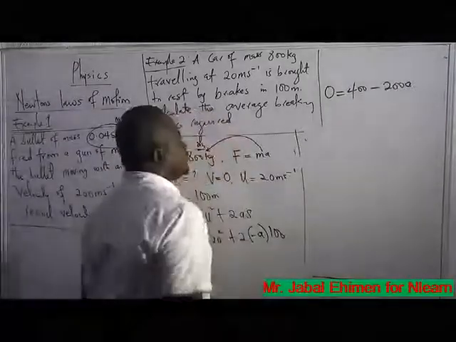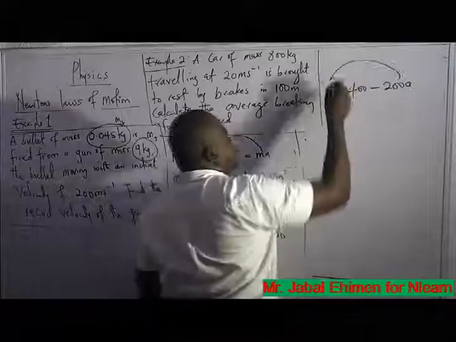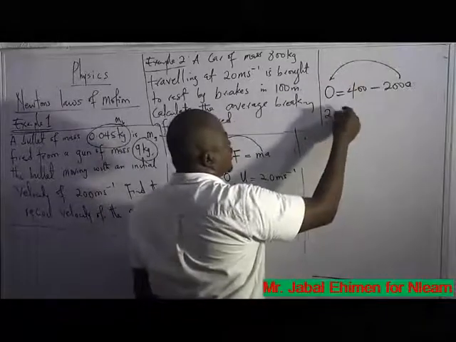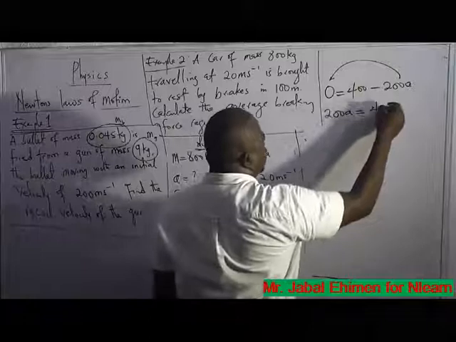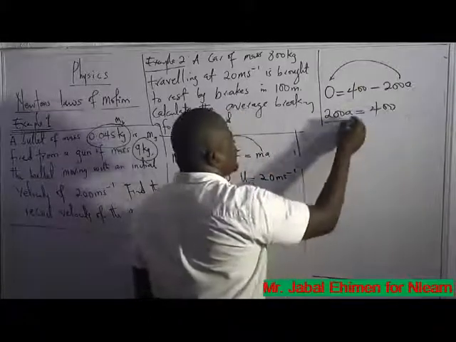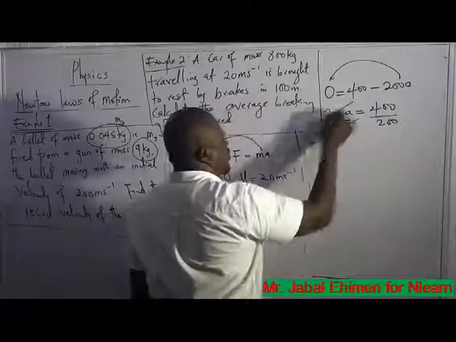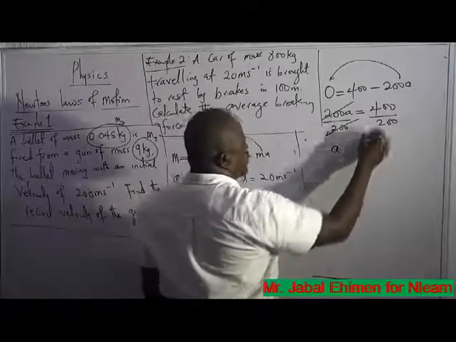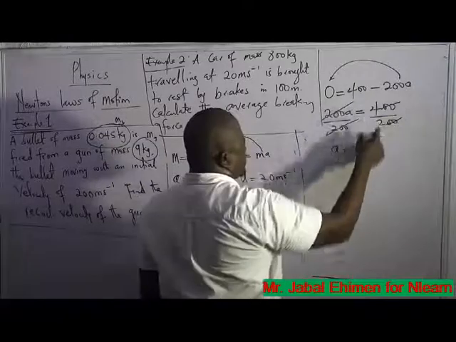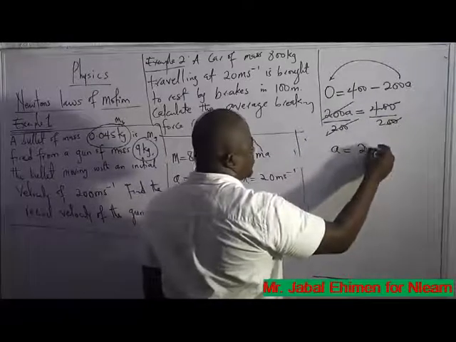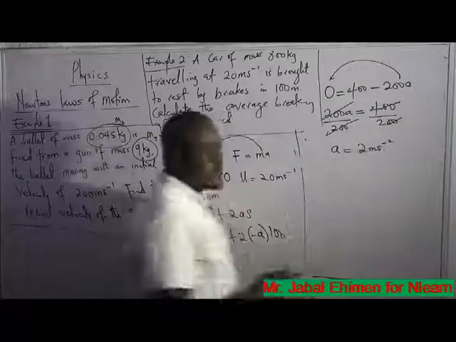Now you collect like terms. If you move this across, it becomes 200a is equal to 400. If I divide by 200, this will cancel this, so a will be 400 divided by 200, that will be 2 meters per second squared. That's the value of the acceleration.